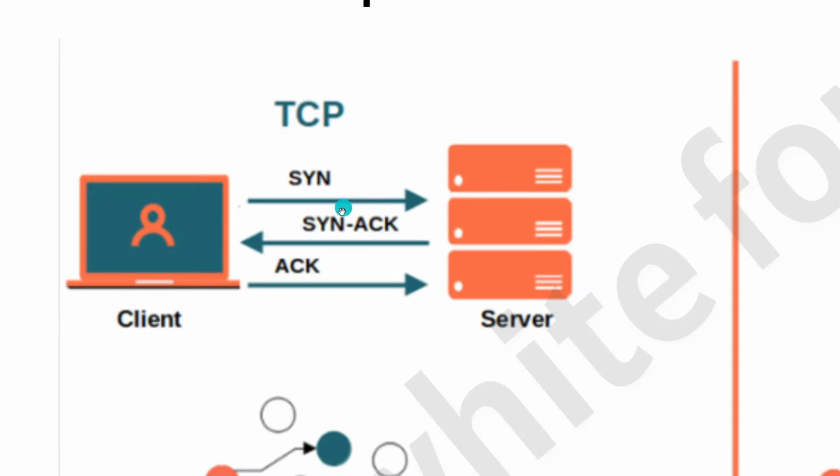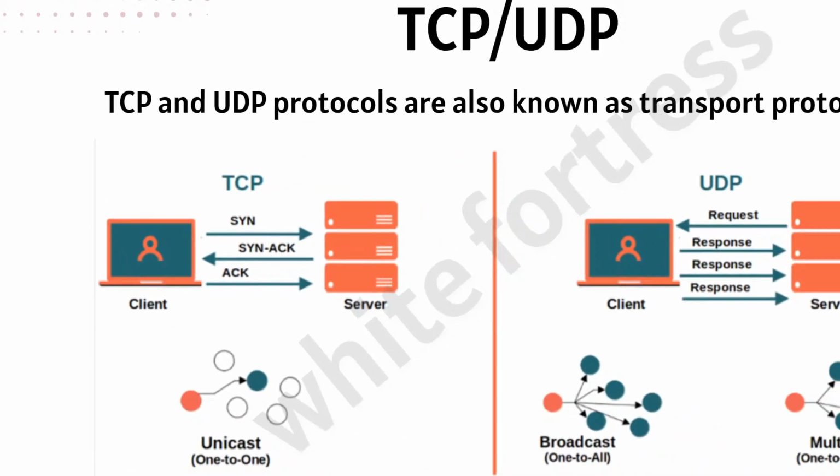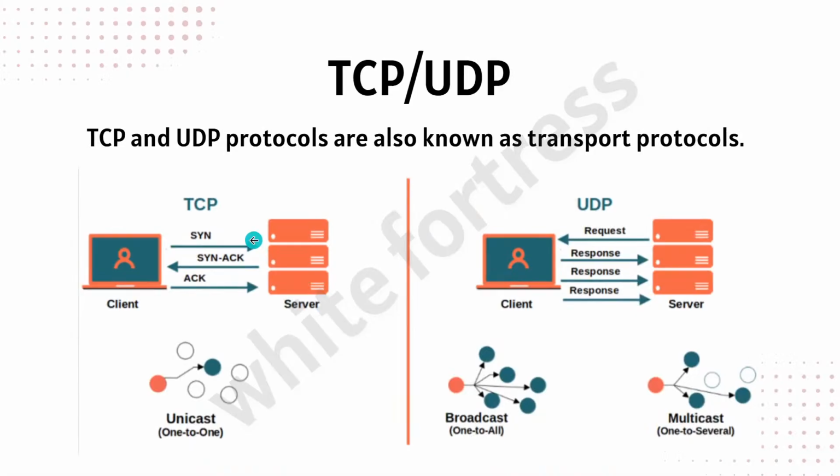Acknowledgement means yes, you are reachable, and SYN means am I reachable from the server side. Then the client replies with the acknowledgement that yes, you are also reachable. So this is how TCP works. It has to make a connection first of all, and only then will they start sending the data. They make sure that each and every packet is reachable and in a sequence.